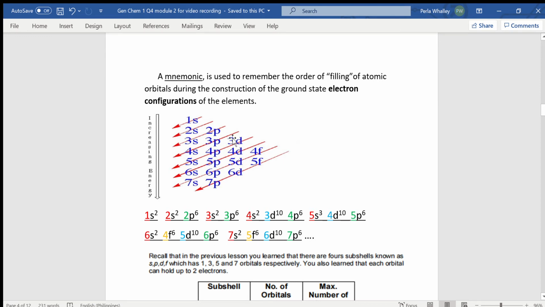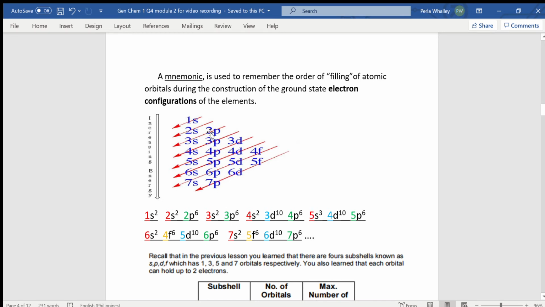Then, the same with what we did here, we will start numbering. For s, we start with 1: 1, 2, 3, 4, 5, 6, 7.